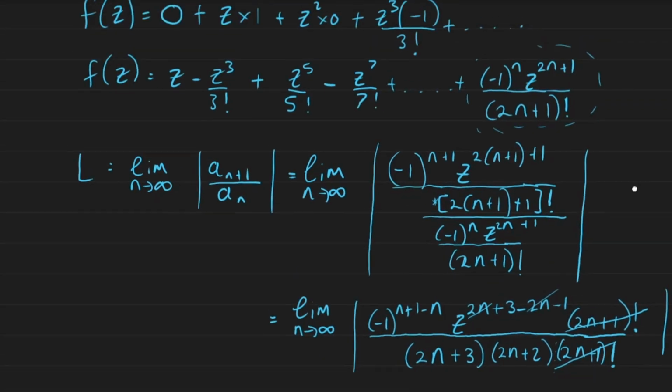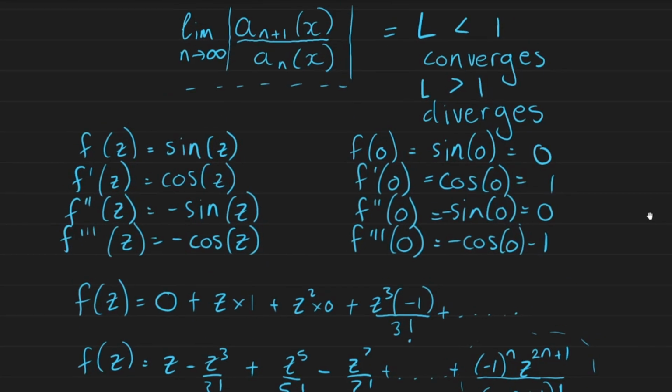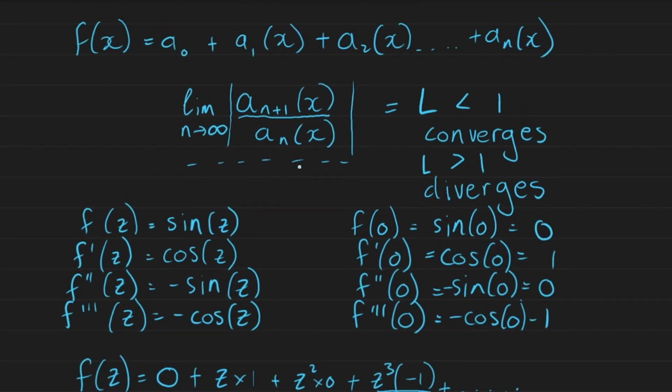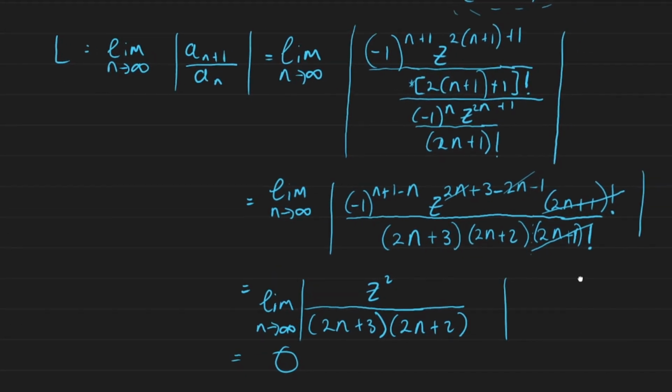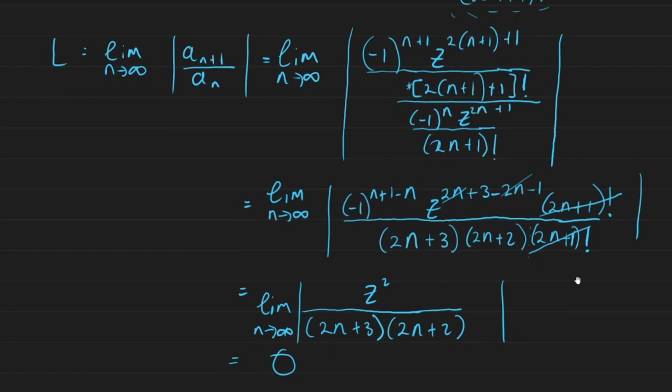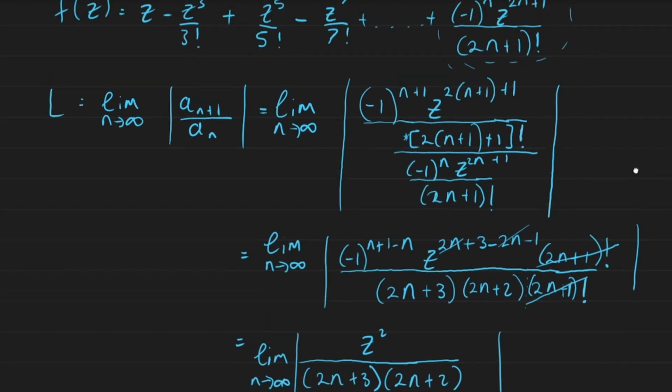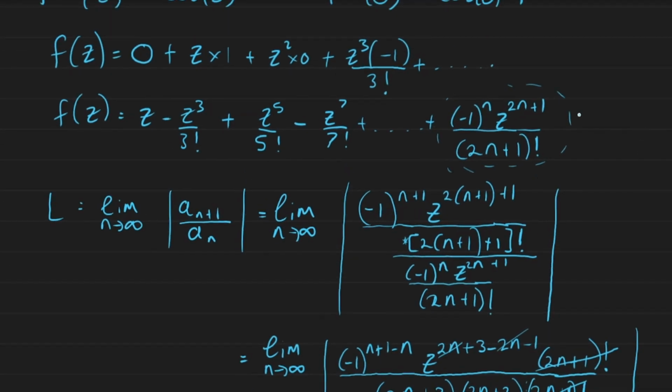So what was our criteria? Our criteria was that when we compute this ratio, it should be less than 1 for it to converge. And of course, we can see that 0 is less than 1. So it means that there's no limitation on what value of z this can apply to. It means that this expansion that we've done is actually valid for all values of z.